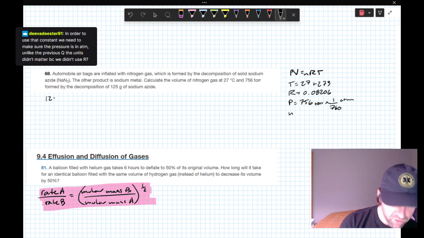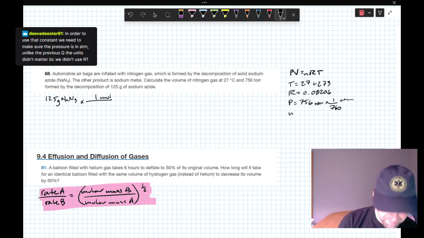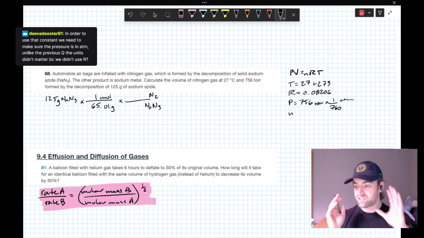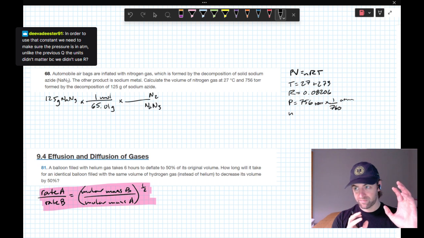We are given 125 grams of sodium azide. Looking that up, the molar mass is 65.01 grams per mole. Now we've got our ratio of sodium azide to nitrogen gas. If you can do this in your head, great.